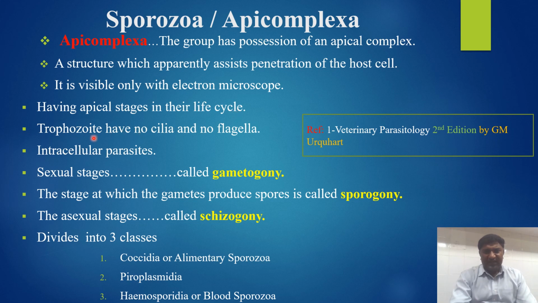So the trophozoites have no cilia and no flagella, and these are intracellular parasites, and they have sexual stages.